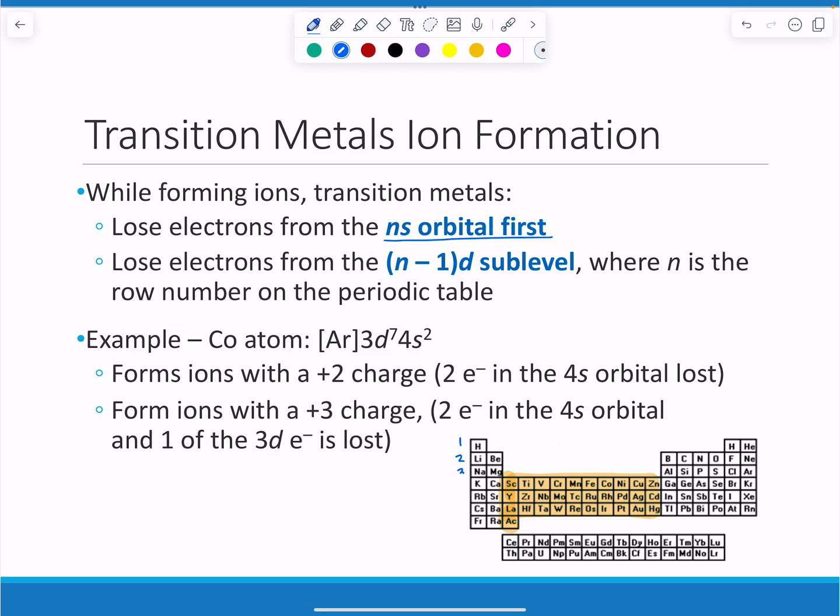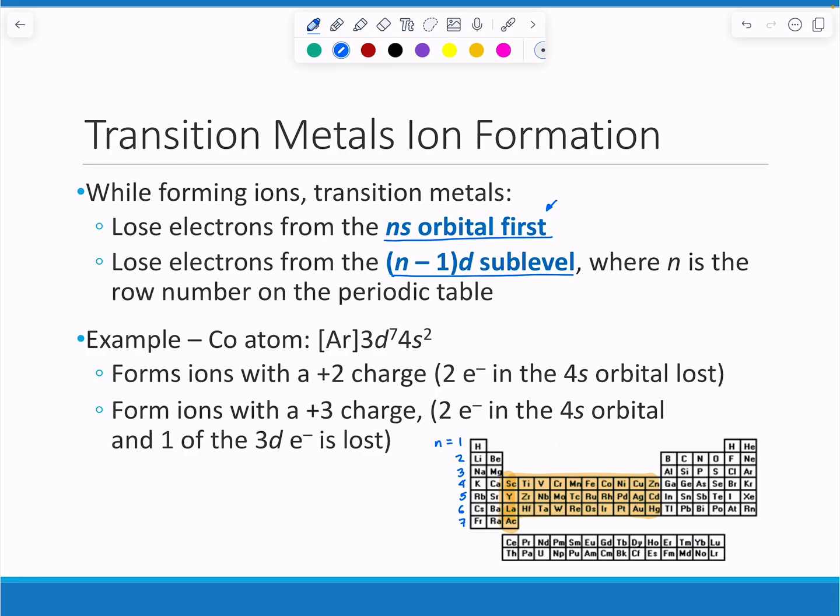And remember, when we're talking about n, we're talking about the row number that it's in. So they're going to lose s electrons first, and then they're going to lose electrons from the (n-1)d sublevel, where n is their row number.